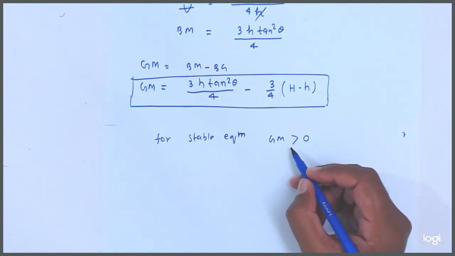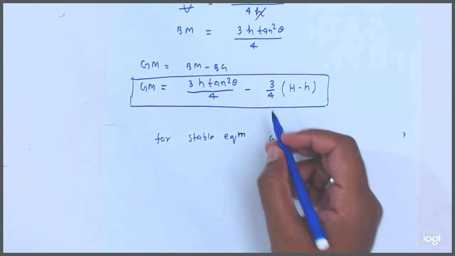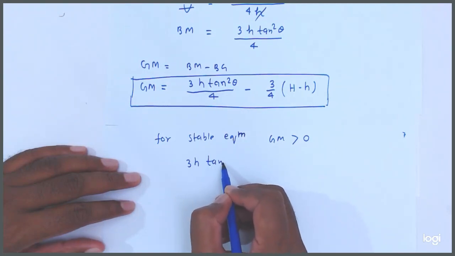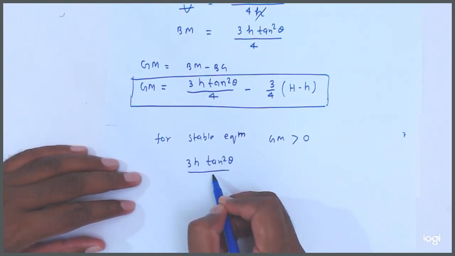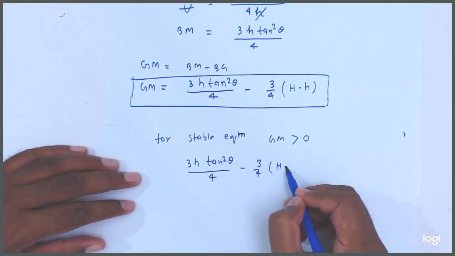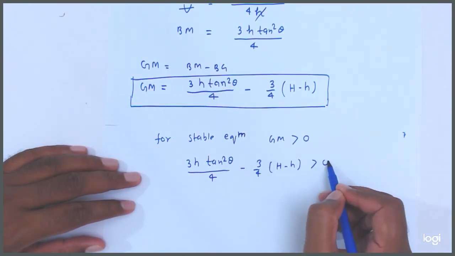So this GM is greater than 0, so in this case we put 3 into h tan² theta divided by 4, minus 3/4 into (capital H minus small h), and it should be greater than 0.